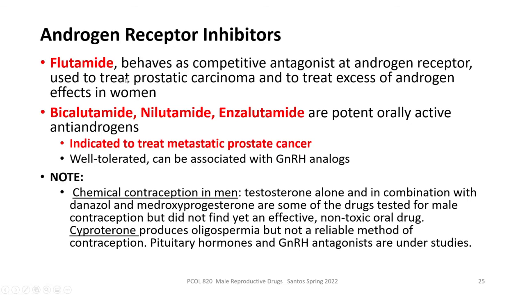By doing that, they are used to treat prostatic carcinoma and also to treat excess of androgen effects in women. This second group here are also indicated to treat metastatic prostate cancer.